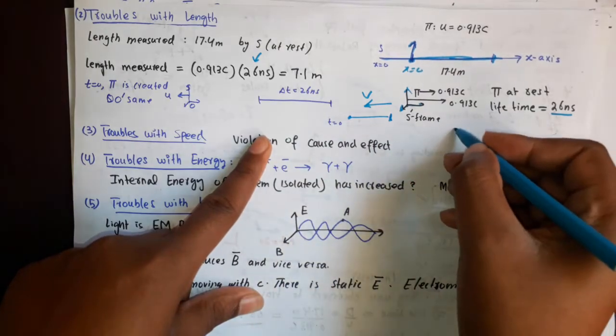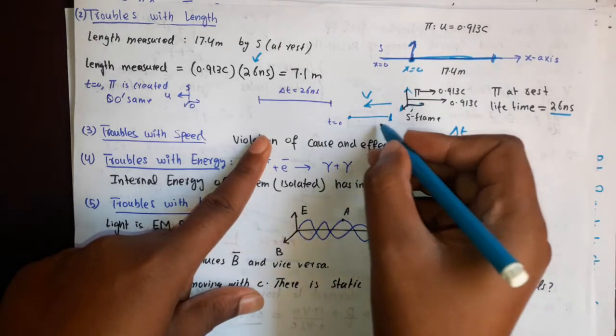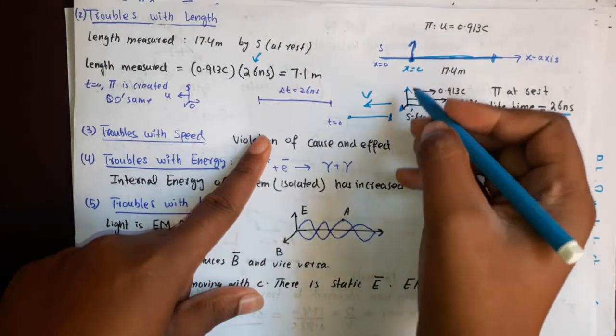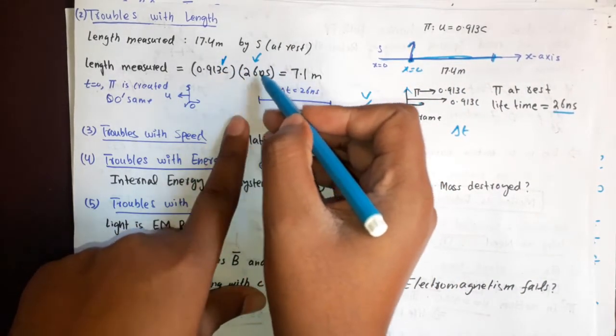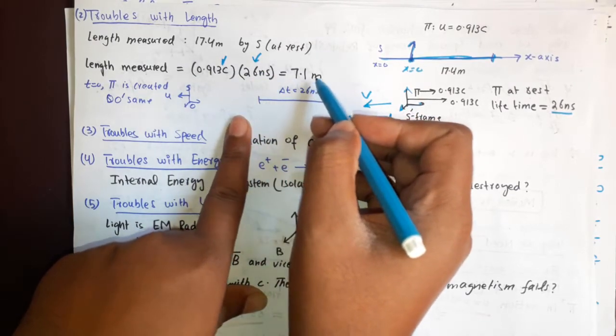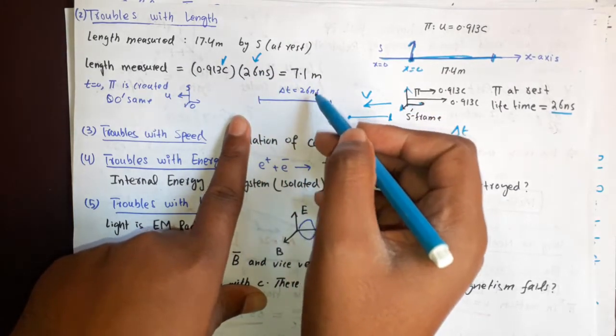So how can we measure? We know the time period, and we know the speed of motion of this particular point in the S frame, so we know the speed and we know the time, and this gives me 7.1 meters. So this is another problem.